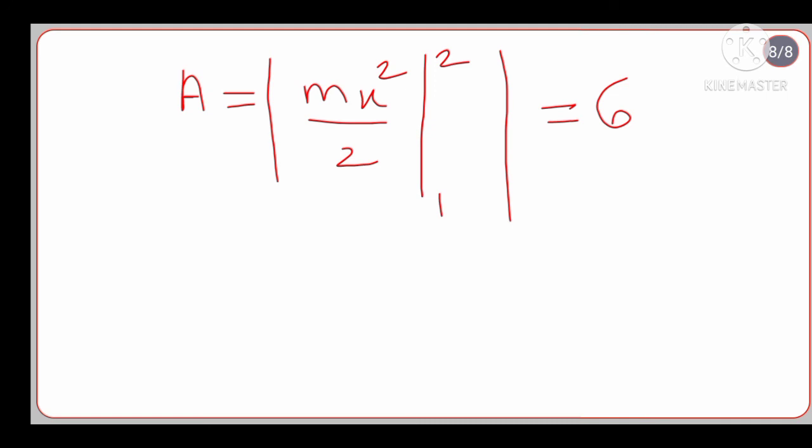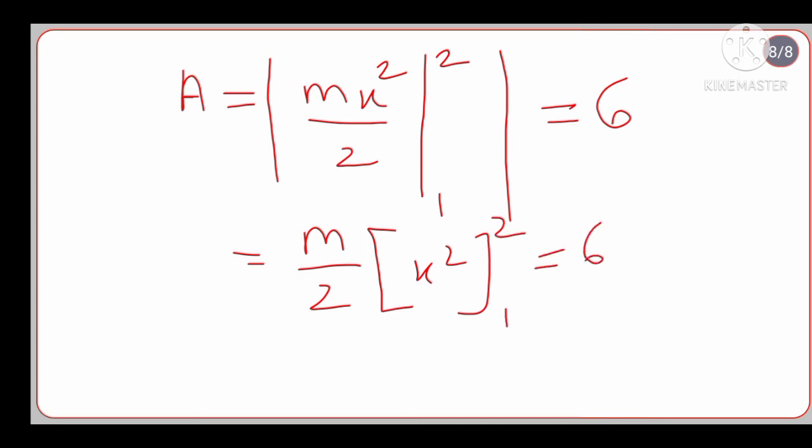So upper limit minus lower limit; m by 2 is constant, so we will move it outside. The value of variable x square we have to find at upper limit and lower limit, so it implies m by 2, this becomes 4 minus 1.